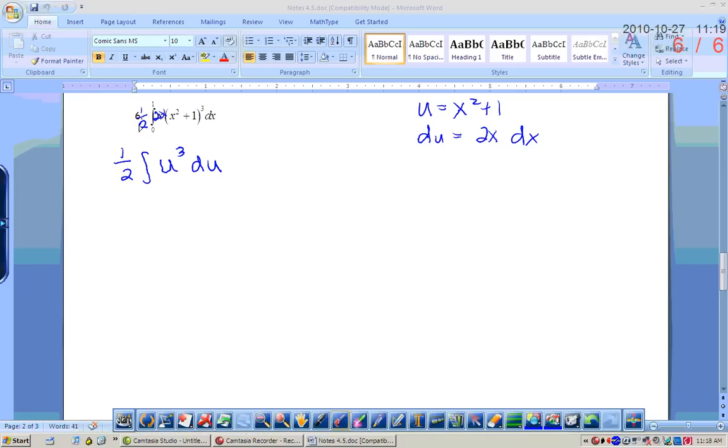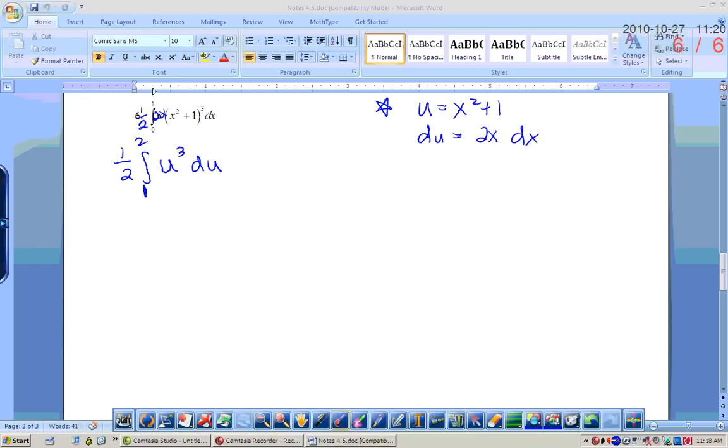So this 0, that's when x is 0. When x is 0, what does u equal? 1. I'm just going back up to my u equals x squared plus 1 equation. When x is 0, u is 1. When x is 1, what does u equal? 2. So now my limits of integration are in terms of u. Hold that thought, and I'll show you why it's a shortcut.